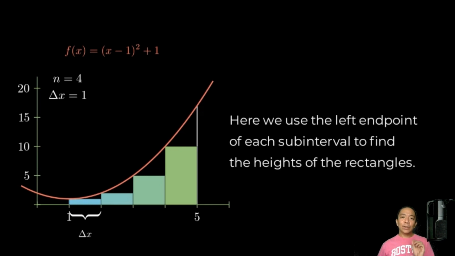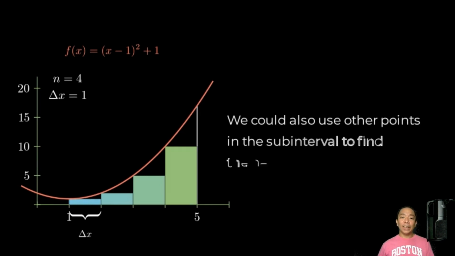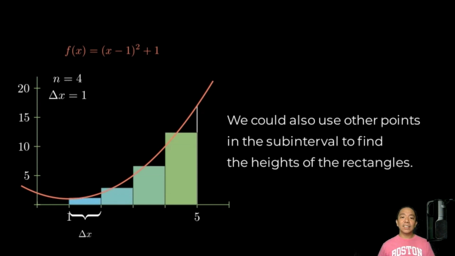Note that hindi tayo restricted sa leftmost endpoint, no? Para mag-approximate ng heights ng rectangles, pwede tayong gumamit ng any point in the subinterval. We could use, for this case, yung midpoint nung subinterval para i-determine yung height. So, kunyari, itong approximating rectangle na to, para makuha yung height niya, we are evaluating the function at x equals 4.5. So parang ang area nitong rectangle na to ay f of 4.5 times 1.